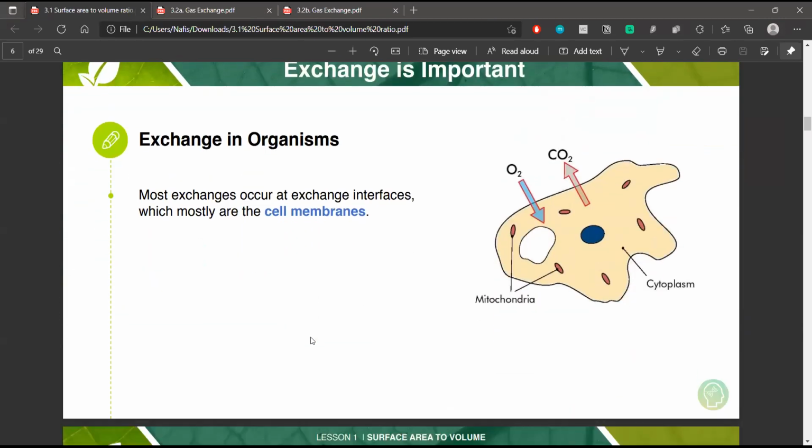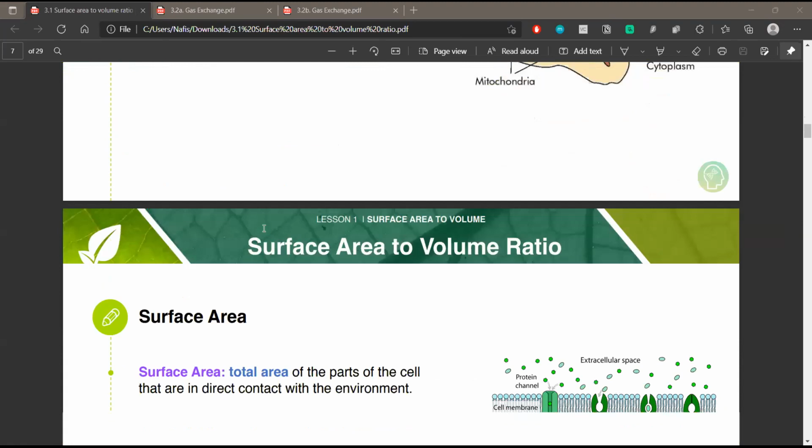Remember, most exchanges in a cell happen at the exchange surfaces, which are the bits that are in contact with the external environment, right? So it's unlikely that we're going to have gas exchange happening here in the middle of the cell because it's not going anywhere. It only happens at the bits that are in contact with the outside of the cell, right?